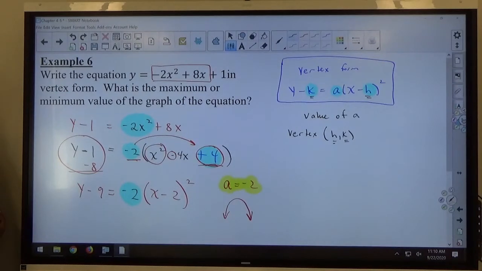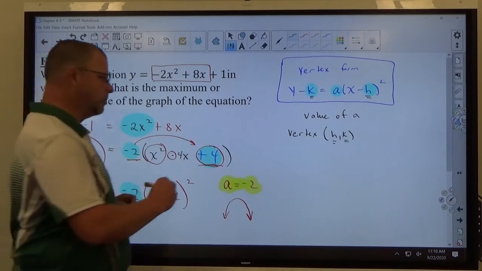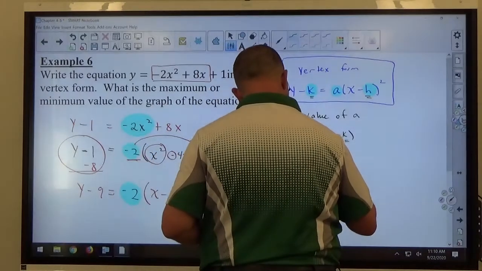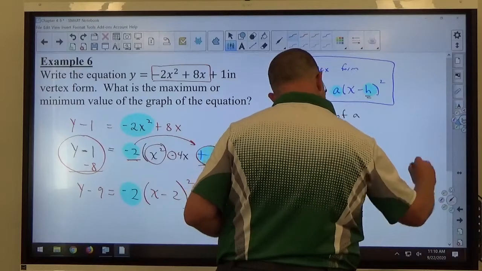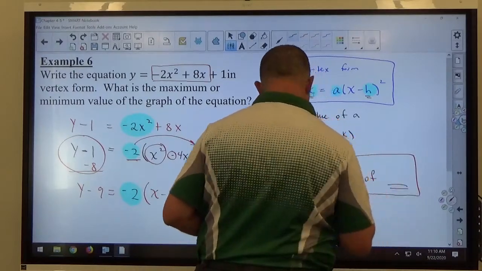If the graph goes like that, what does the vertex represent? A maximum. So it says what is the maximum or minimum value of the graph of the equation? So the maximum of what? Okay, so we need this number here too, right?